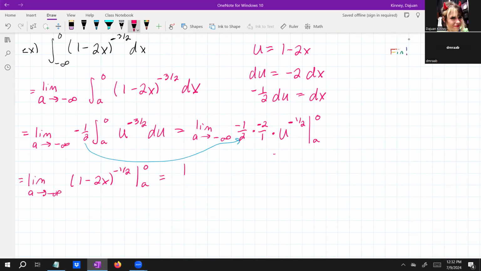Plug things in. All right, 1 over 1 minus 2 times 0 to the 1/2, minus 1 over 1 minus 2a to the 1/2.